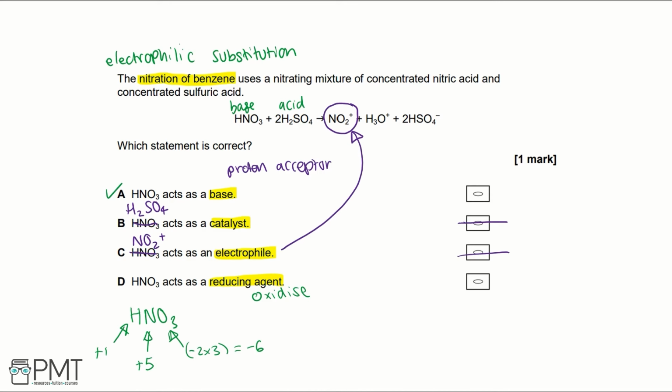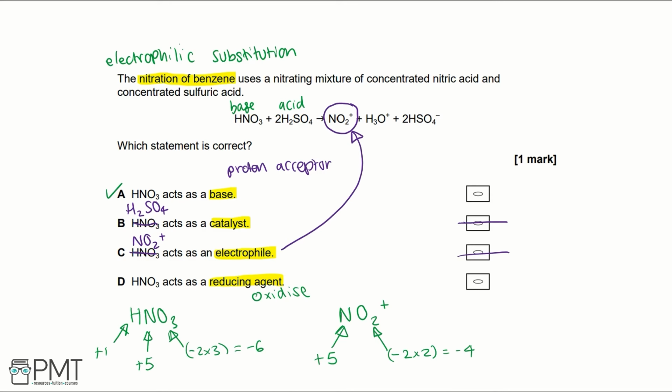Then if we look at its oxidation state in NO2+, well, oxygen has a -2 × 2 oxidation state, which is -4, and we want an overall positive charge, so nitrogen is going to have a +5 oxidation state. So here you can see that its oxidation state hasn't oxidized and it hasn't reduced. It's just stayed the same.